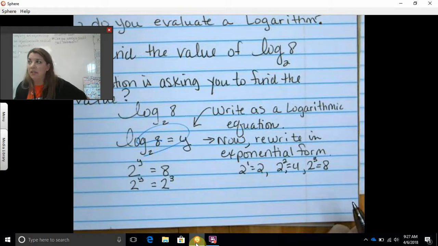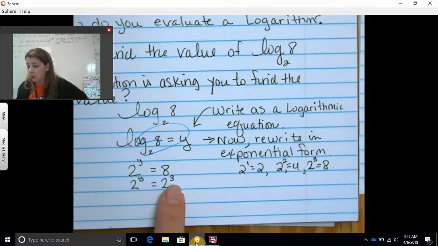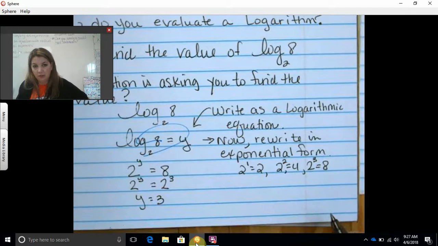You're not always going to be able to write everything with the same base, and I'll show you down the road what you do when that happens. But for now, we can write both sides with the same base. So if our bases are equal, then our exponents must be equal. Okay? So if your bases are the same, then take your exponents, set them equal to each other, and solve for the variable.